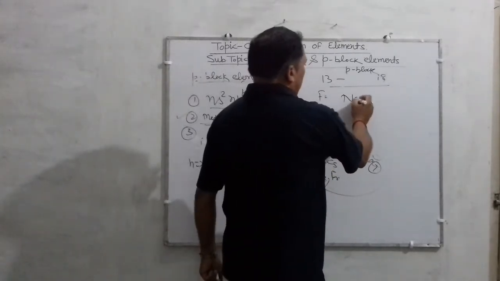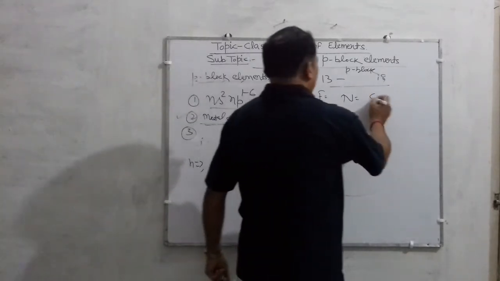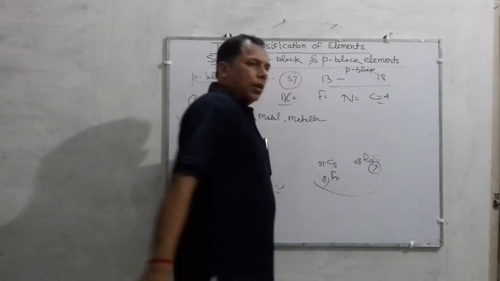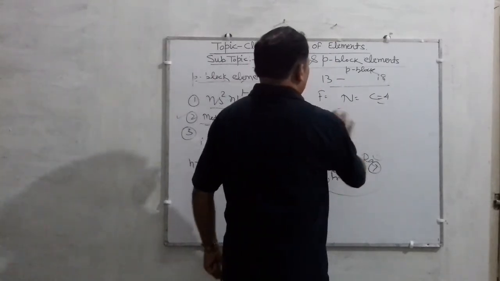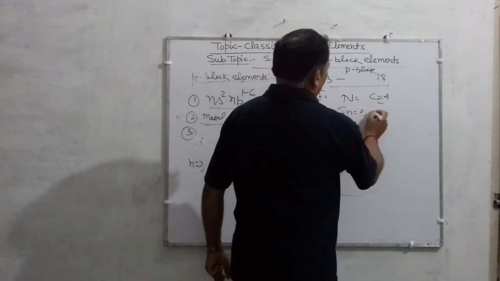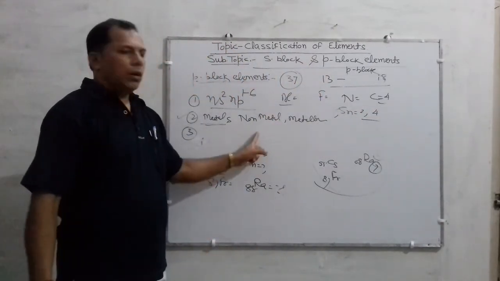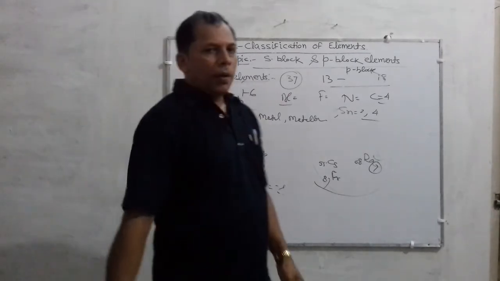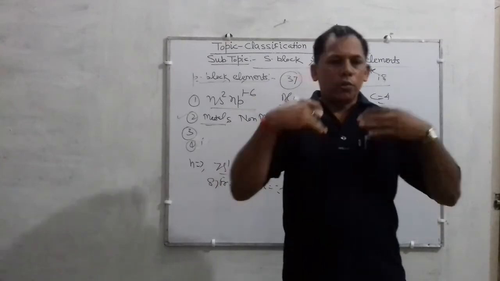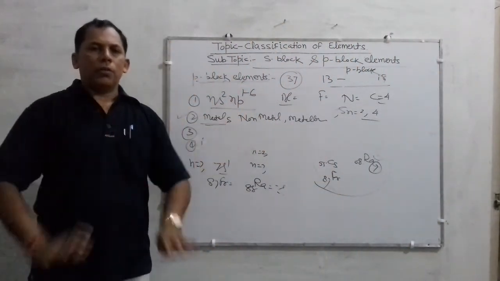Similarly, nitrogen, valency is 3, no doubt. Carbon, valency is 4, and so on. But the metals like tin, Sn, show variable valencies, that is 2 and 4. Alright. Next property, these P block elements are generally covalent in nature because they have a tendency to share electrons.